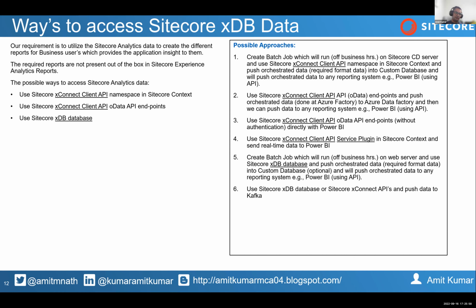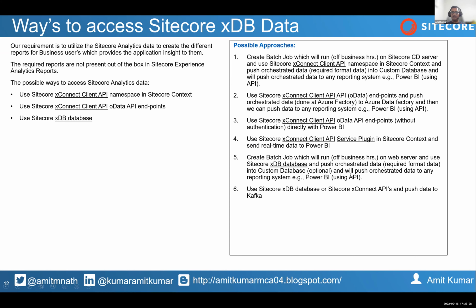So you need to remove the authentication from your OData endpoint, and between your Azure, your Power BI and the xConnect client API, you need to make a point-to-point connectivity, or use IP filtering, so that you can protect your xConnect data from any type of attacks or security breach. That security mechanism you need to put in your xConnect API.